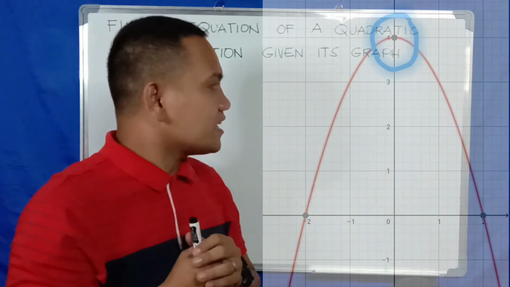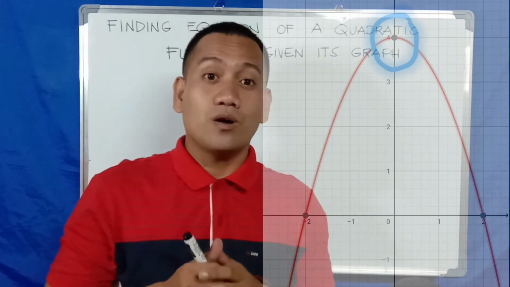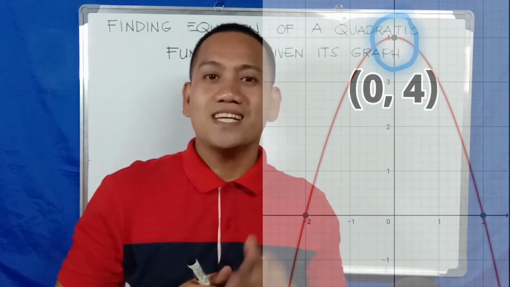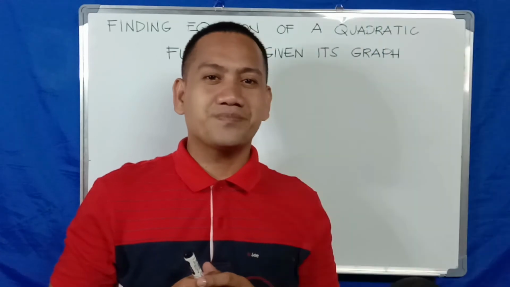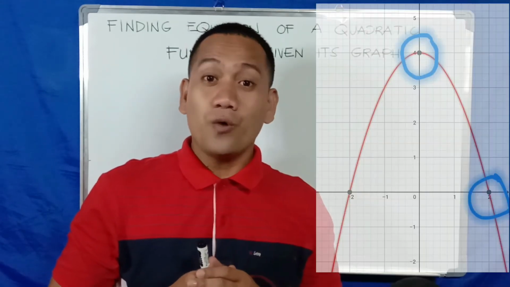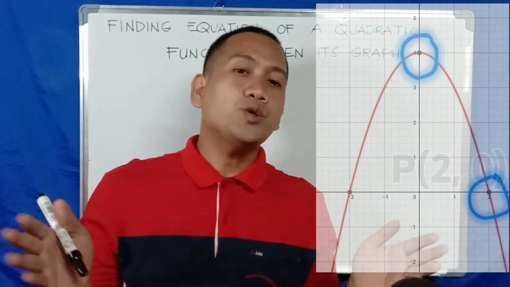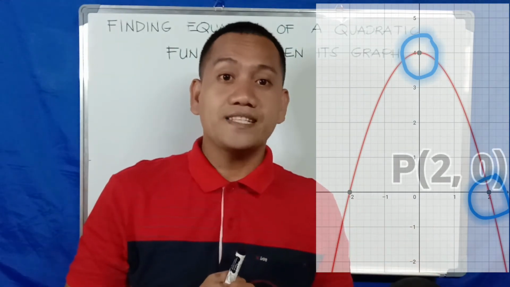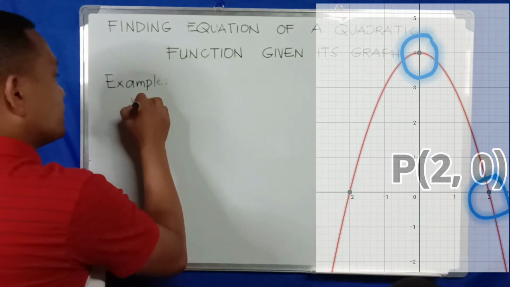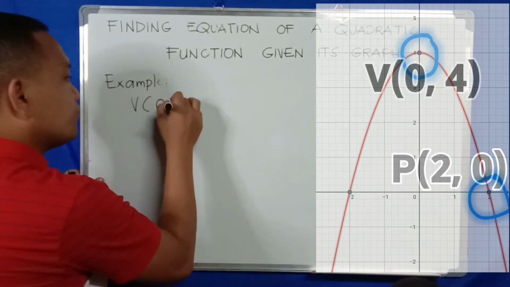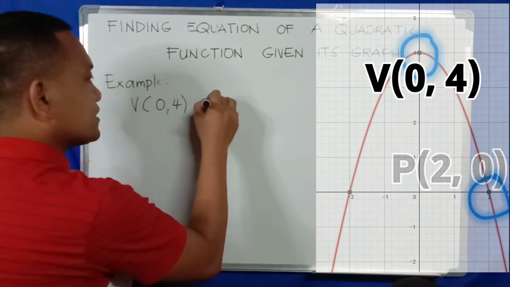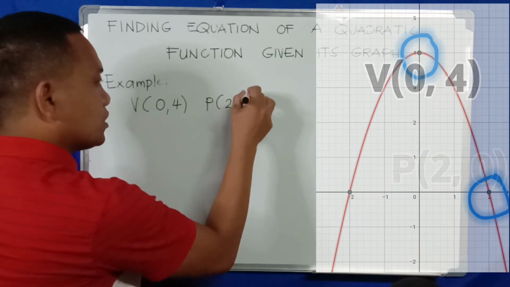And using this graph, we can consider that the vertex has coordinates 0, 4. And we will choose one point that is present along our parabola. So allow me to utilize 2, 0 as my point. So we will have the coordinates of our vertex represented by 0, 4, and a point represented by 2, 0.